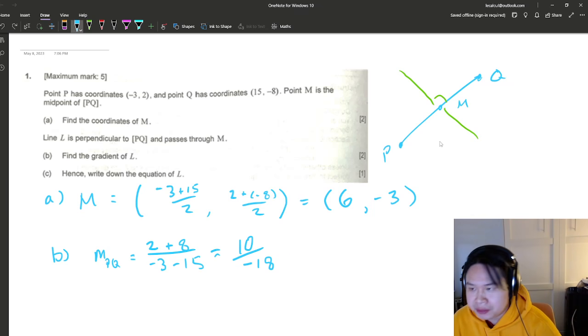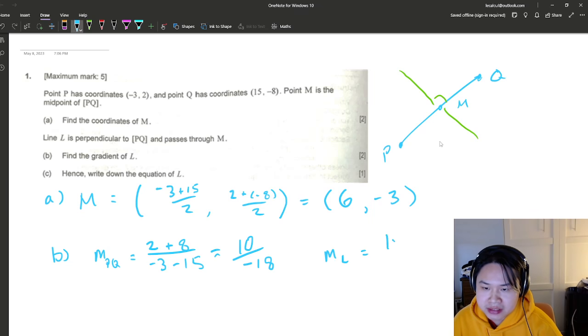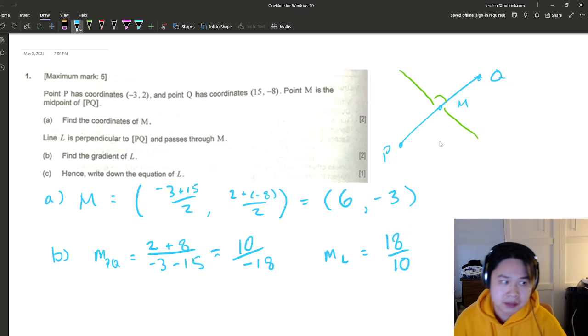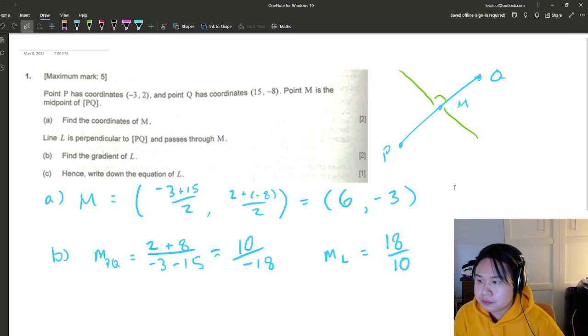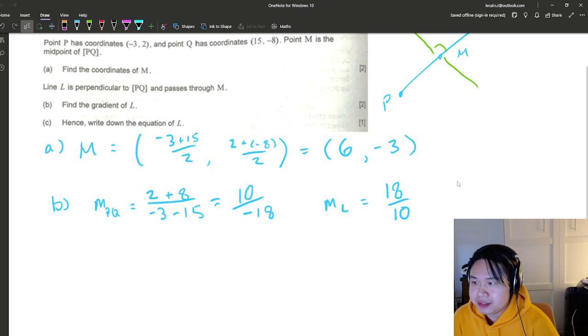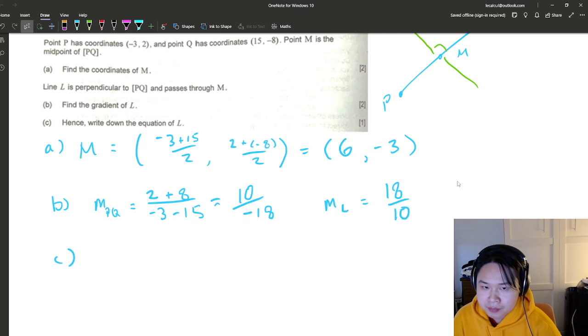And then I don't bother reducing, which means that the gradient of L is the negative reciprocal of this, so 18/10. Then we need to write down the equation of L. They don't specify which equation, so I'm going to use the point gradient equation.